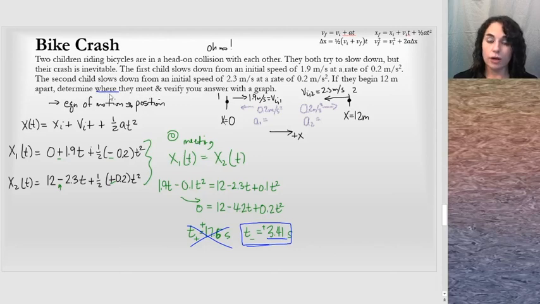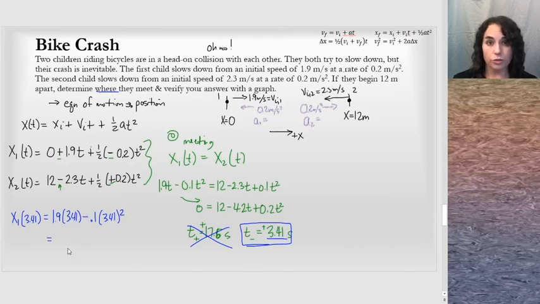Okay, so where is a place? I have the time, and what I'm going to note is I have the position of both of them. If I plug the time into either one of these, that will tell me the position at that time. So if I say x1 of 3.41 equals 1.9 times 3.41 minus 0.1 times 3.41 squared, you can calculate that.